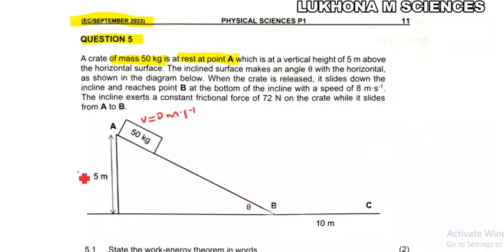So we have this height, which is 5 above the horizontal surface. The inclined surface makes an angle theta with the horizontal as shown in the diagram. When the crate is released, it slides down an incline and reaches B.